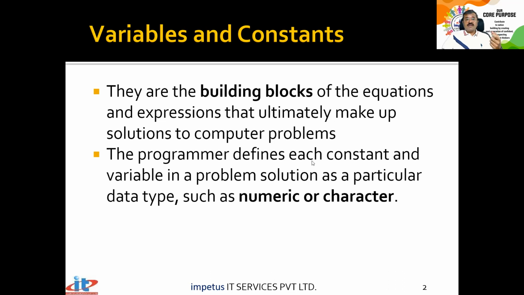The programmer defines each constant and variable in the problem solution as a particular data type, such as numeric or character. When we create a variable, we have to specify its type, whether it's numeric, character or alphanumeric. Depending on the language, abilities differ. Some languages can differentiate between more types of data.